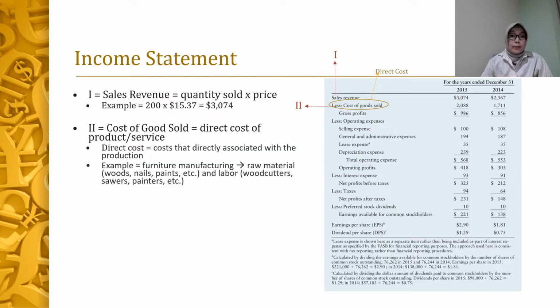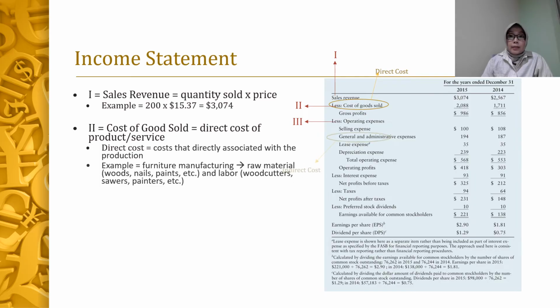Raw materials like woods, nails, or paints, and so on. That's what we call the direct material, because it directly makes the product. And what is direct labor? The direct labor is the labor that is directly involved in the making of the product. For example, the woodcutters, the sewers, the painters, and so on.